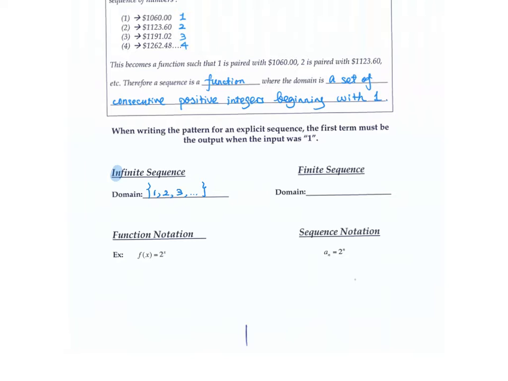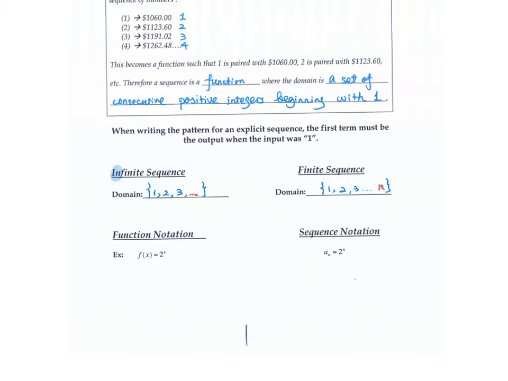It goes on and on forever. A finite sequence can have 1, 2, 3, all the way up to 1 million, 10 million, whatever it is, but it ends with a finite number. Again, I'm highlighting these 3 dots in the infinite sequence, whereas a finite sequence has a bookend on each side.